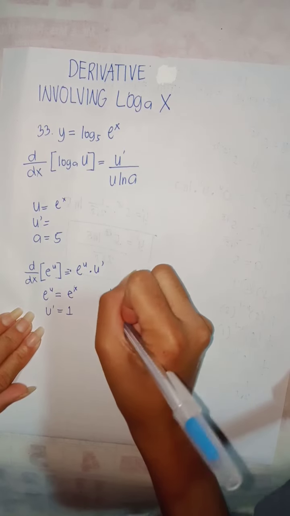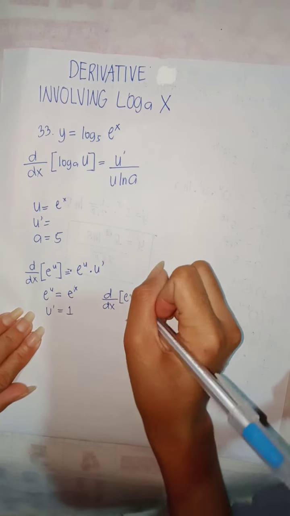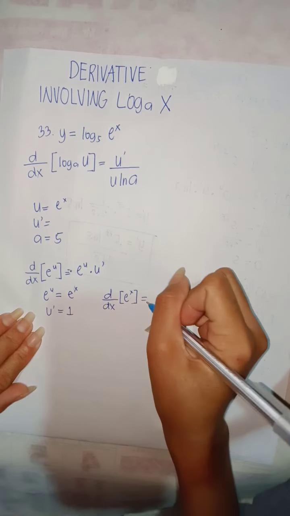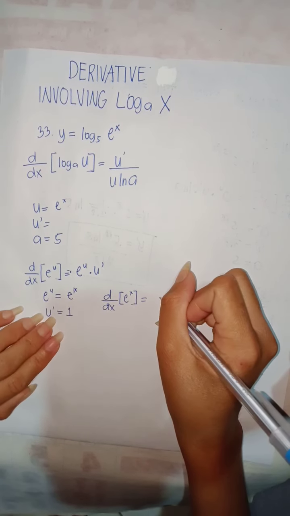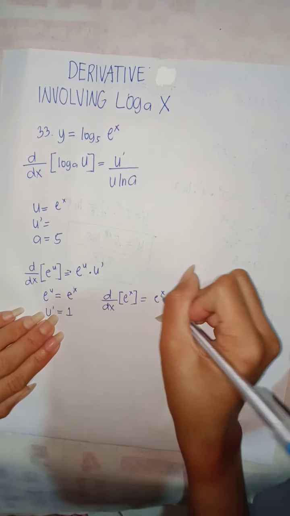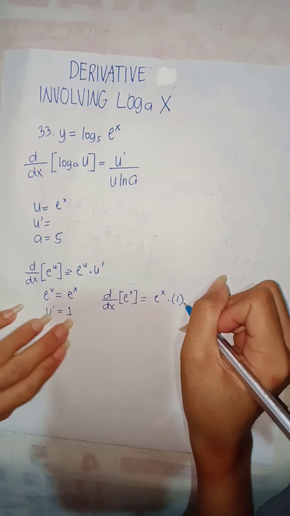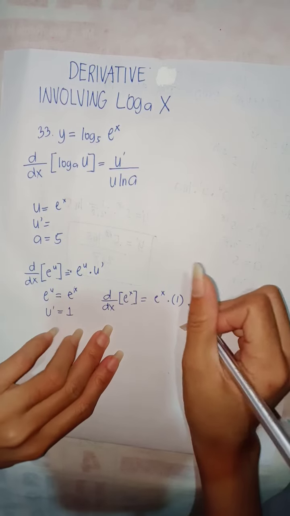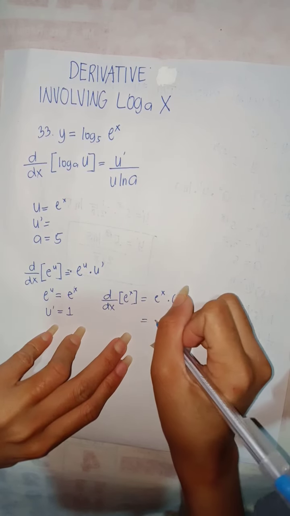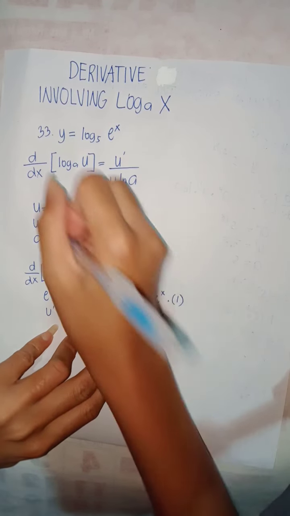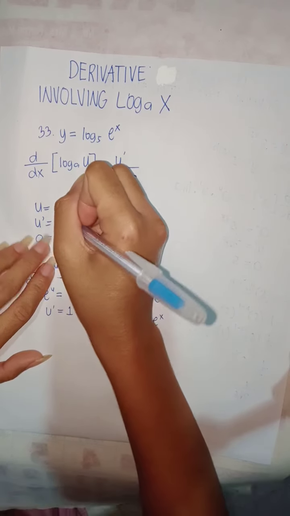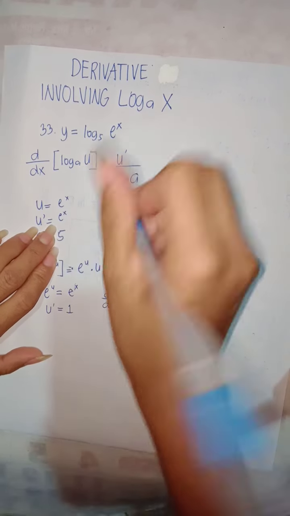So d over dx e to the x is equal to e to the power of x times 1, and our answer is e to the power of x. They are just the same as our u.